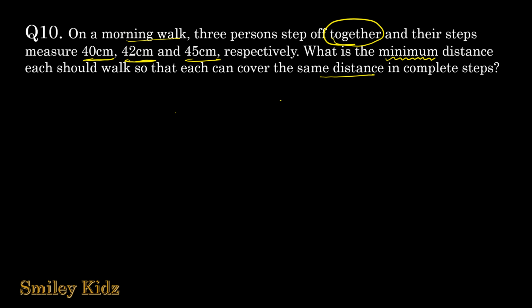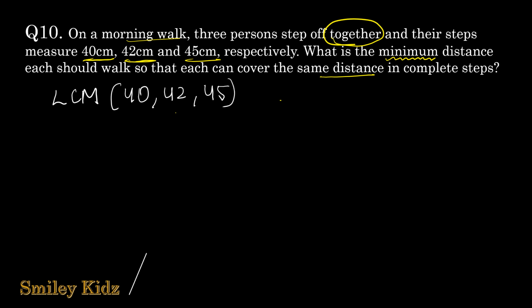Now the step measures of 3 persons are 40 centimeter, 42 and 45 centimeter, right? So the minimum distance each should walk so that each can cover the same distance in complete steps will be the LCM of 40, 42 and 45 centimeter, isn't it? So for this, you're going to find the LCM of 40, 42 and 45.